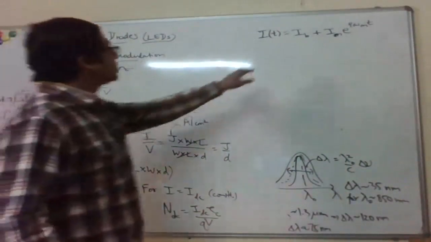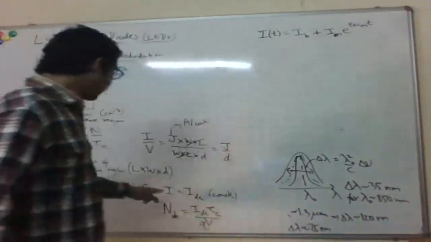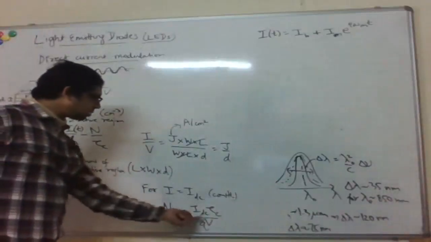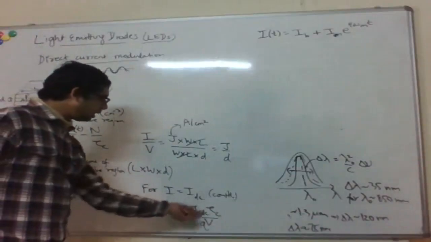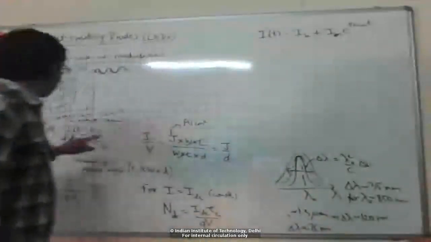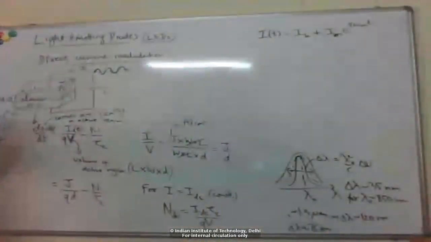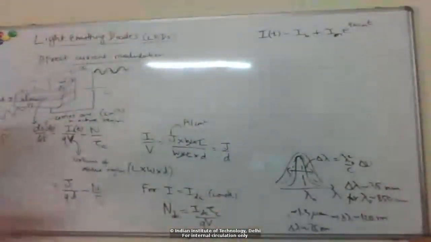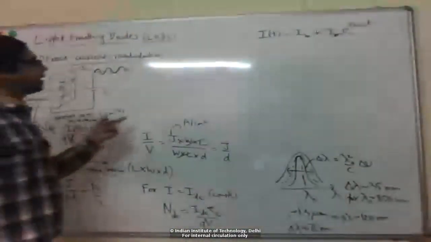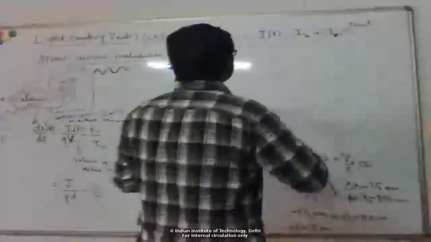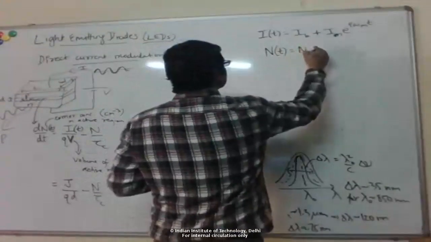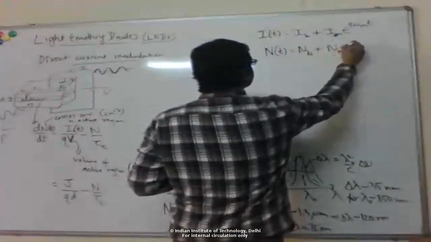Now you can see for this I_B, which is a constant term, I'll get a corresponding constant carrier concentration N_B. The time varying term will give a time varying carrier concentration. This is just a linear differential equation, so if I drive it at some particular frequency, I can write the solution also at the same frequency.